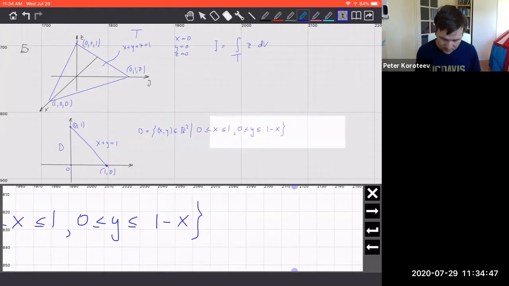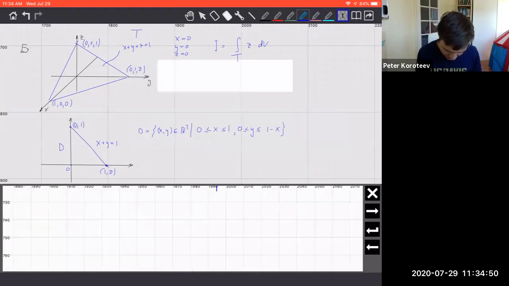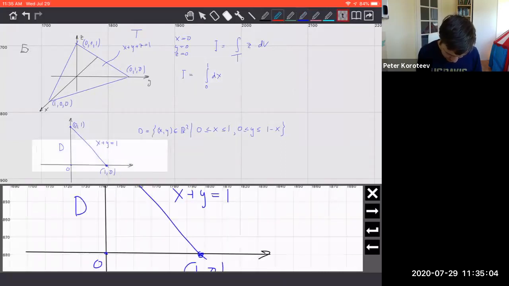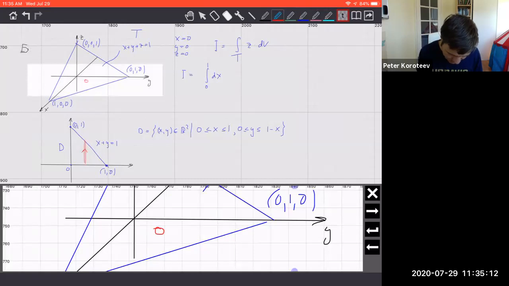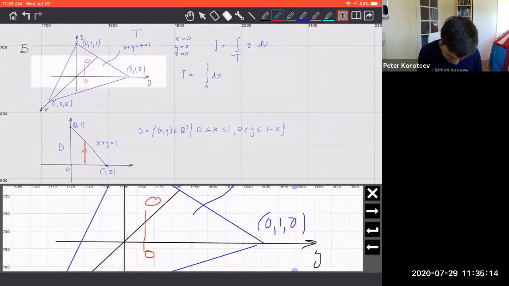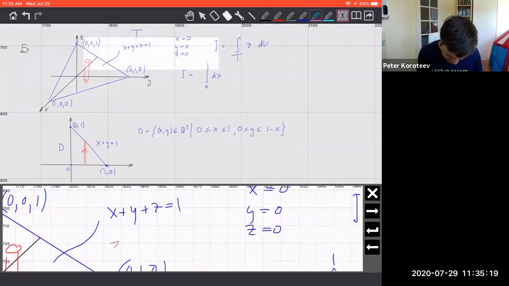So according to our formula, we can write the integral I as a nested integral. The integral over x goes last. Then we would integrate vertically in this direction, and the first iterated integral will be the integral in the z direction. So z here is bounded by 1 minus x minus y.